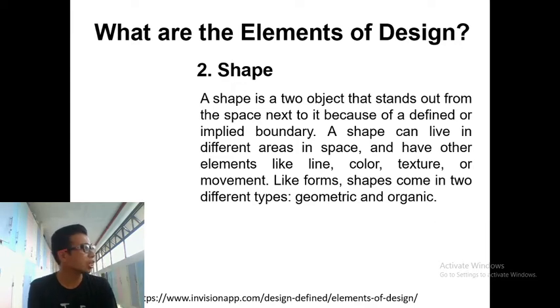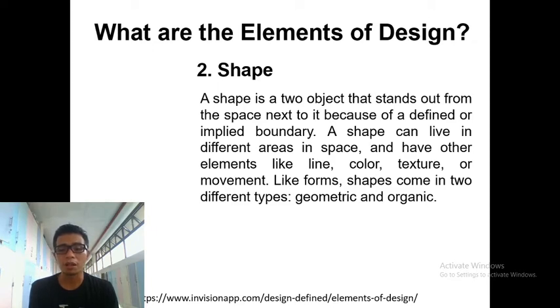What shapes do you see? The many rectangular ones. By the way, I'm here in the hallway of the architecture department. To the first years here, this is your room, this is where your classes are, the hallway that's always noisy. Anyway, let's proceed. A shape can live in different areas in space and have other elements like line, color, texture, or movement.